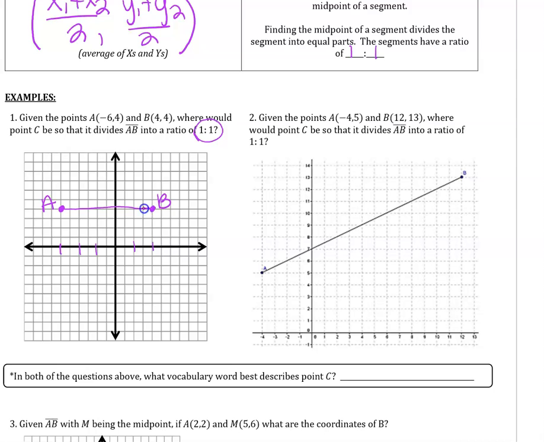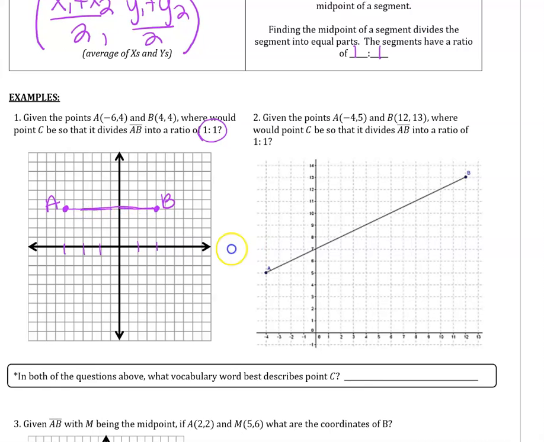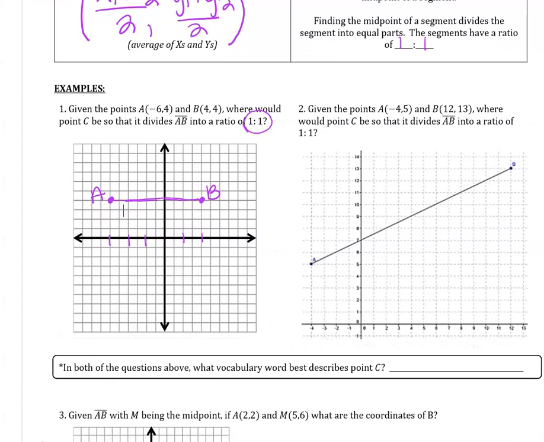And I'll just draw my line here. Okay. Now, a 1-to-1 ratio is, as I mentioned up above, the same thing as a midpoint. So in the question above, C is representing our midpoint.